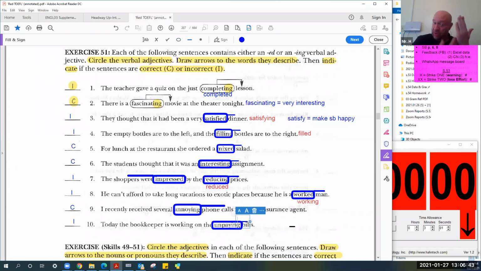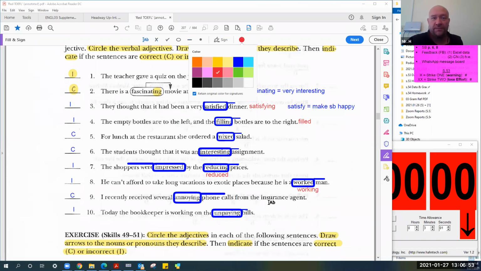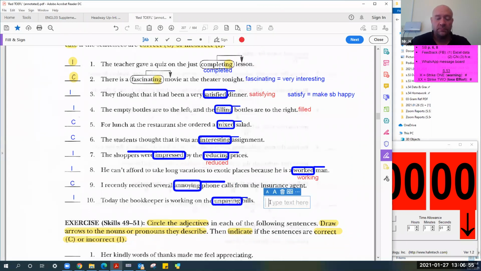So why does it say unpaying? What should it be instead of unpaying? Anybody know this one? Unpaid. There you go. It should be verb 3.